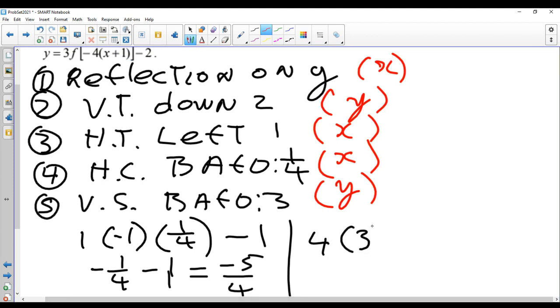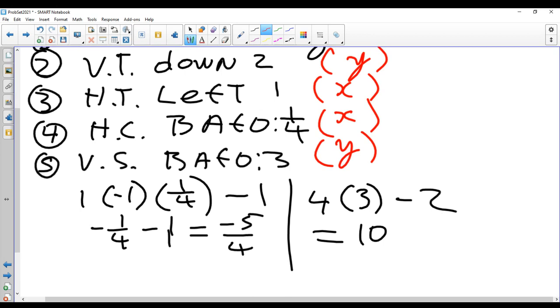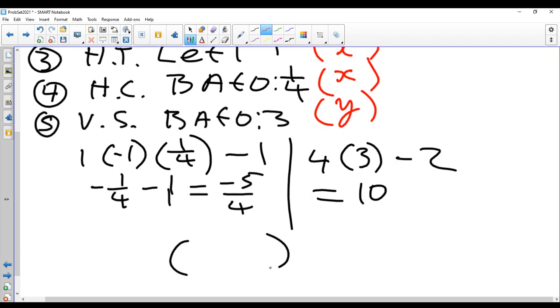We're going to multiply it by 3 because of the vertical stretch, and then subtract 2. So that's equal to 10. So here's our new point: -5 over 4 and 10. Yes? Yeah, that's fine. That's the same thing as 5 over 4. I'm okay with that. All right, I think we're making some progress here. All of those kind of relate, just looking at all the transformations that we had to do.